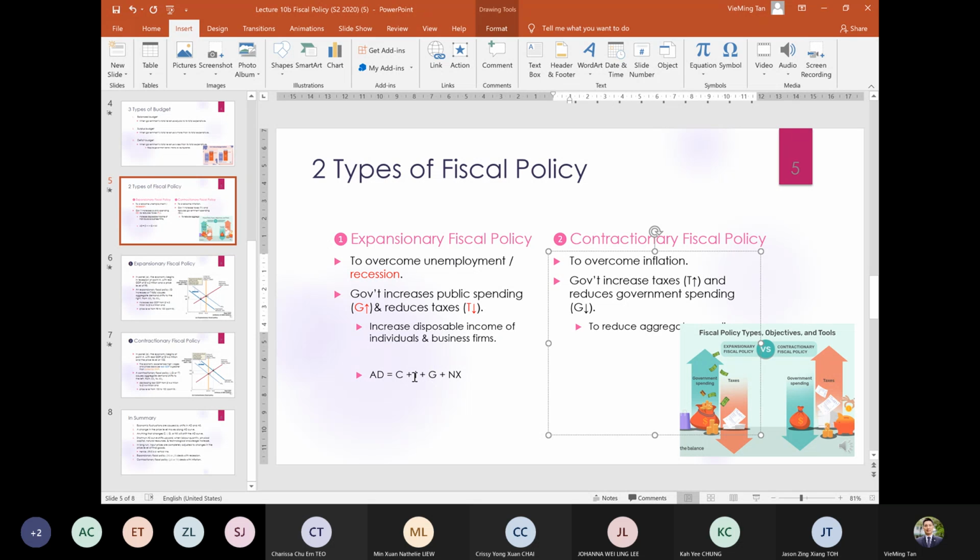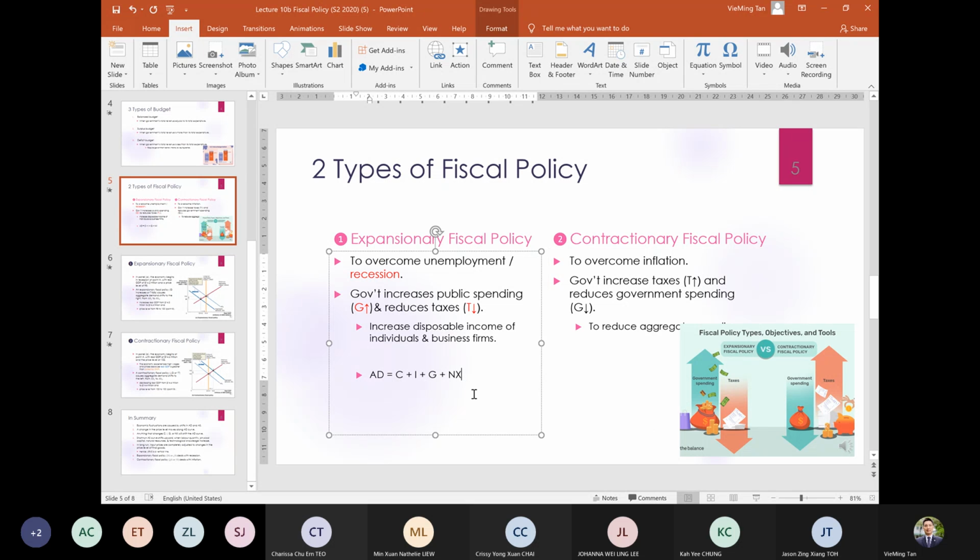Once G reduces, this can have an impact on the I. I will also reduce. When I reduces, this will reduce the C. And usually when I reduces, the export also will be reduced because there is less output to be exported outside of the country.